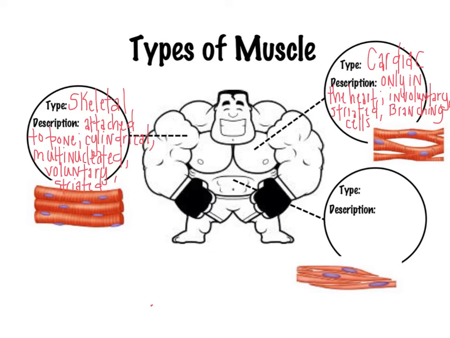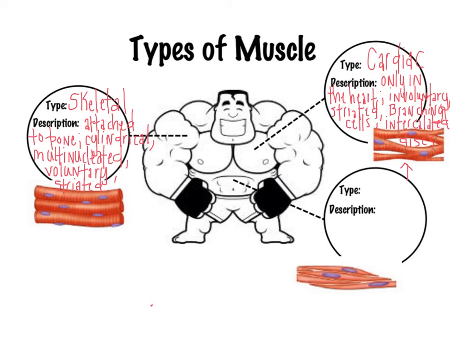It has little branches. And it also has something called an intercalated disc. Intercalated, we'll put disc right here. That's what you see right here where it looks a little jagged. Those are just areas where the cells connect.